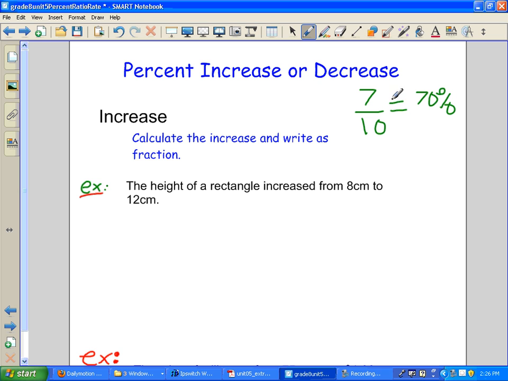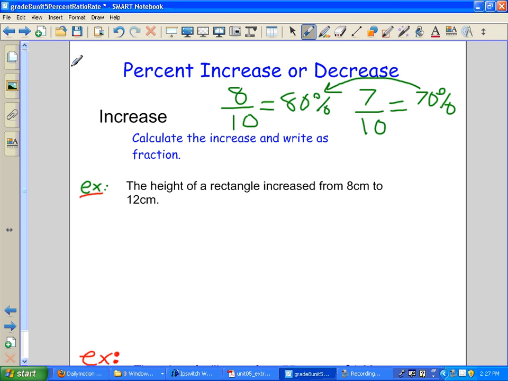All I got to do is go 7 divided by 10. 70% on the test. What if I do a test the next day and I go 8 out of 10? Well, change that to a percent, and that would be 80%. So I've obviously gone up 10% in my test.